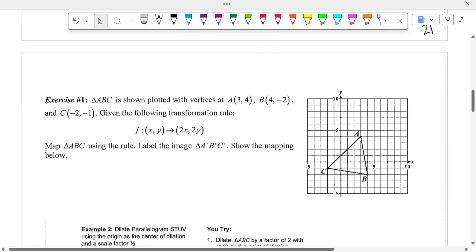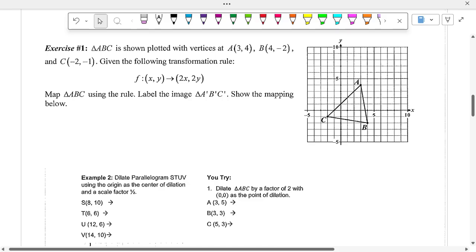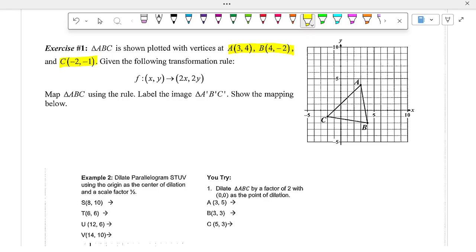All right, so let's actually do some practice with this. In this first exercise, they gave us A, B, and C, and they want us to follow this rule. If we start with the points (x, y), we should end up with (2x, 2y). So first off, what's my scale factor?